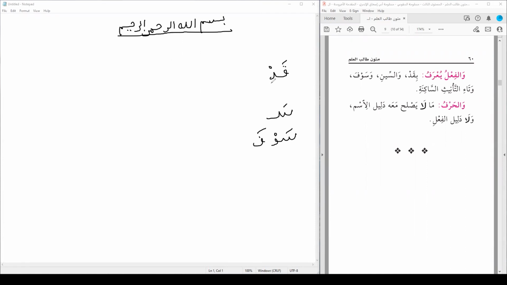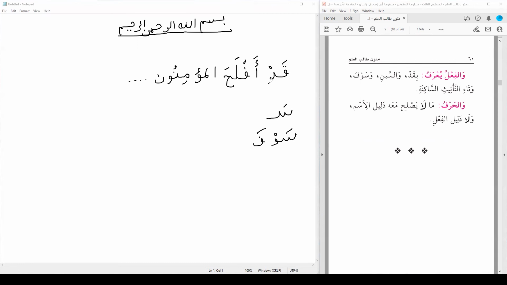It can mean emphasis, for example, surely or verily, like the ayah, قد أفلح المؤمنون. Verily, the believers have been successful.